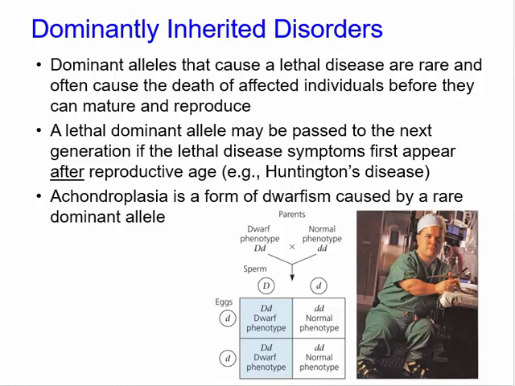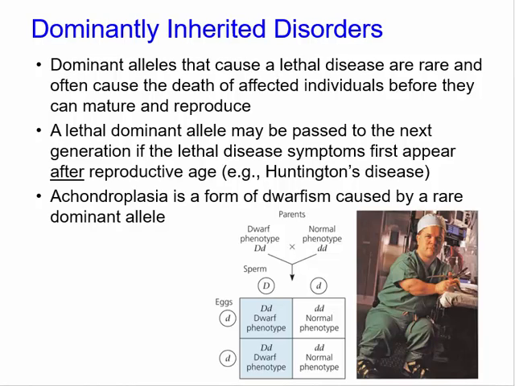All right, let's look at one more example of a dominantly inherited disorder. So we've seen how dominant traits are passed in a population. A lethal dominant trait is not likely to be passed if it's lethal at a very young age, because that individual isn't going to reach reproductive age, and therefore they're not going to pass it to the next generation.